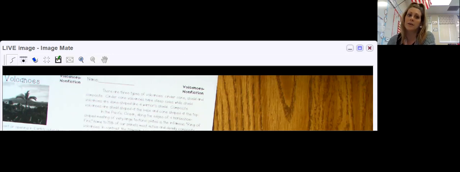What kind of damage can a volcano cause? We talked about how volcanoes can be both what? Do you remember? They can be destructive and constructive. Which one would go with damage? Destructive or constructive? Destructive. So destructive, they can cause fires and what? Burn everything in their path.